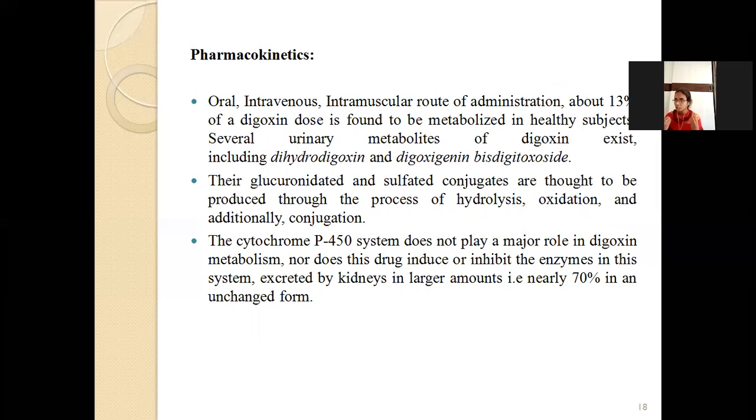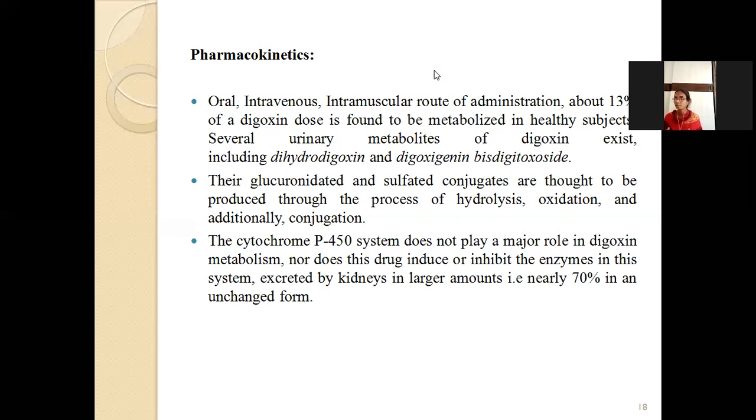So it undergoes metabolism by hydrolysis, oxidation, or conjugation, but the cytochrome enzyme does not play an important role in the metabolism of this drug, and it is finally excreted through the kidneys in unchanged form.